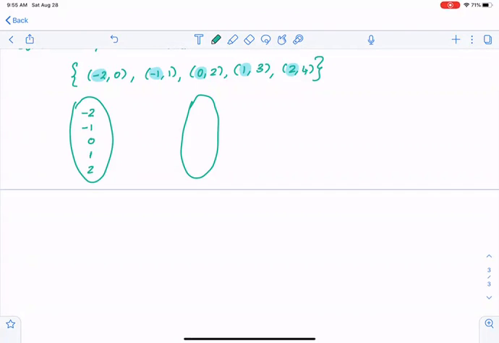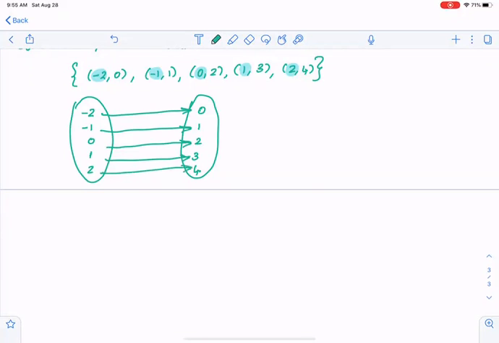The other side, we have 0, 1, 2, 3, and 4. -2 is related to 0. -1 is related to 1. 0 is related to 2. 1 is related to 3. And 2 is related to 4.